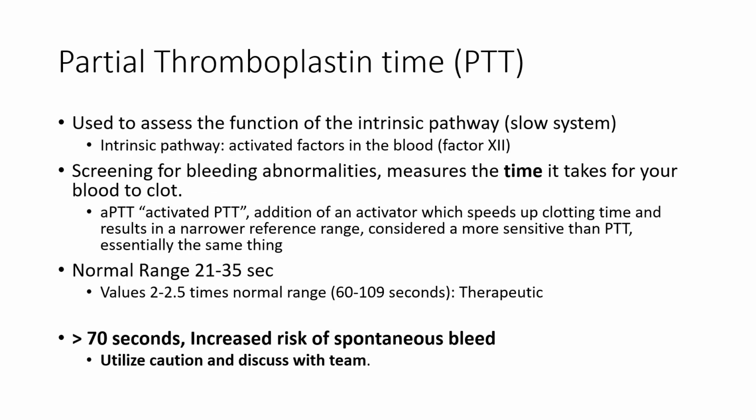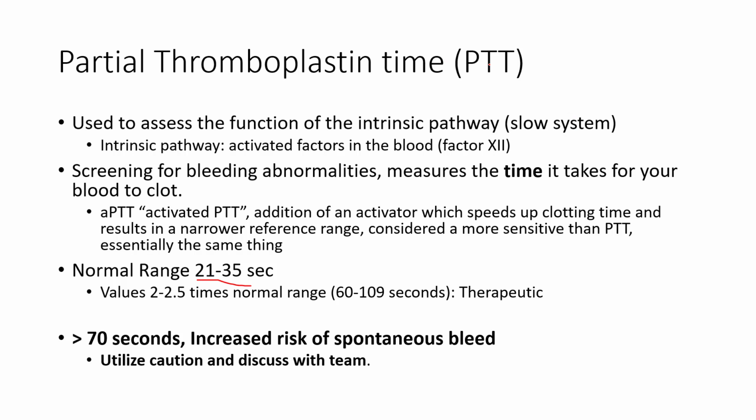Partial thromboplastin time we often see as the activated form, which helps speed up the process. So we use a slightly different value. This looks at the intrinsic pathway, or the slower system, and a normal range for this would be about 21 to 35 seconds. This is relevant, again, because APTT or PTT assess the effects of heparin.